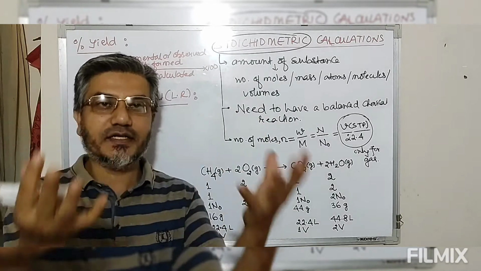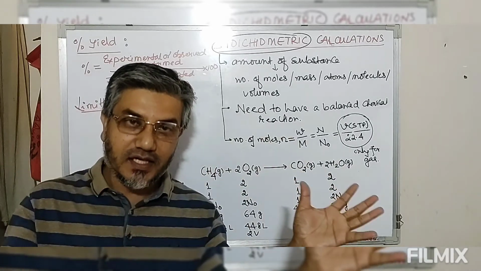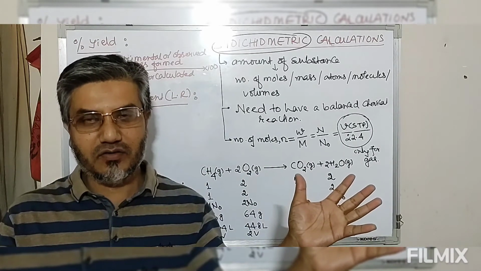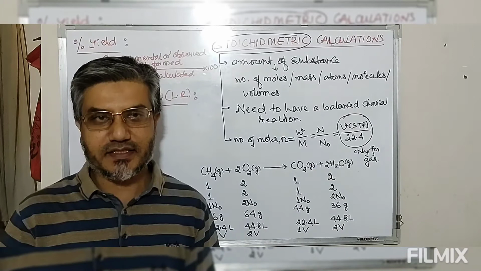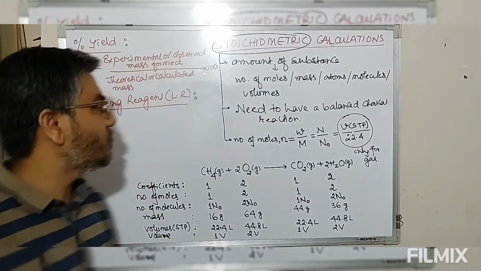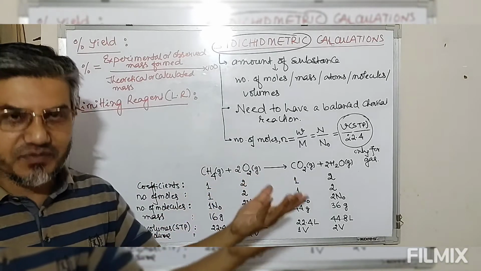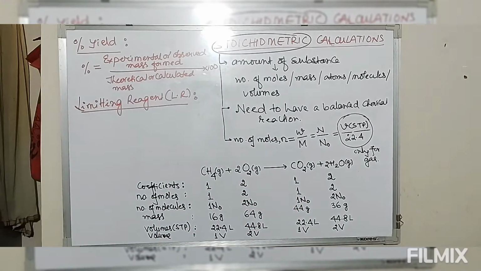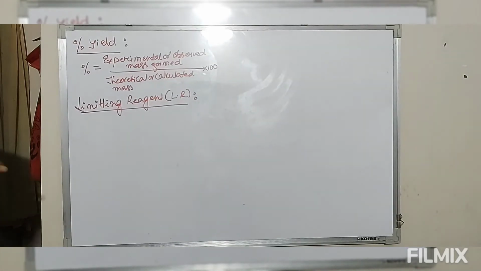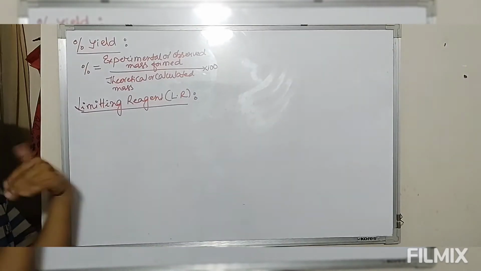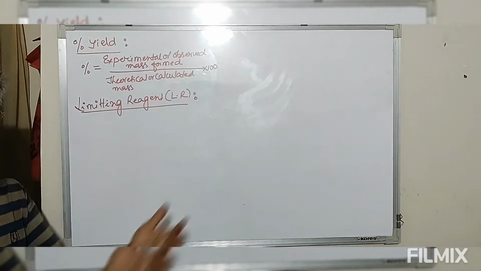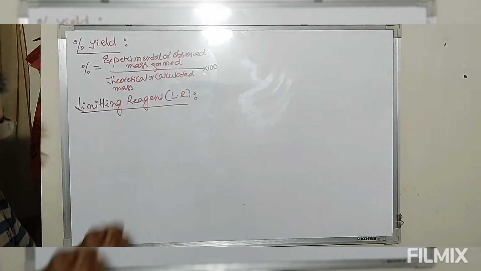If one of the reactants is left unreacted, how much is left unreacted, or the one which is taken in excess amount. To define all these terms, we need the concept known as the limiting reagent. So let's explain this limiting reagent. First, let's define it, then I'll give you an example of how to find the limiting reagent.